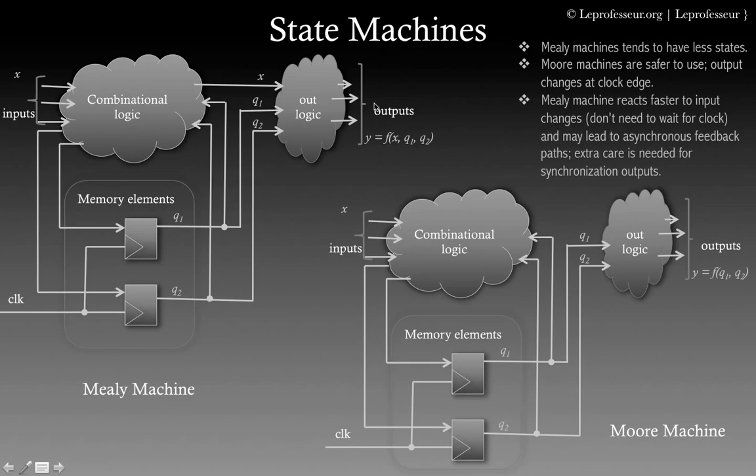And as we discussed, it might lead to asynchronous feedback paths, which is quite tricky. So you must synchronize these outputs if you're going to use that output as a feedback path. We discussed this back-to-back synchronizing method in one of the previous lectures.